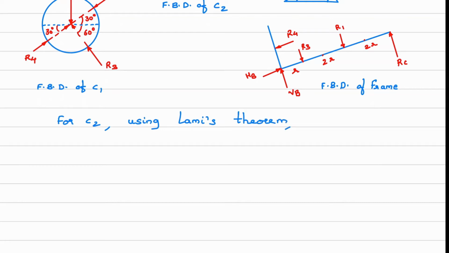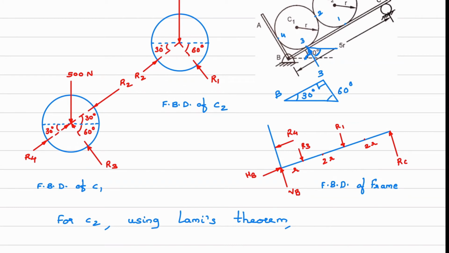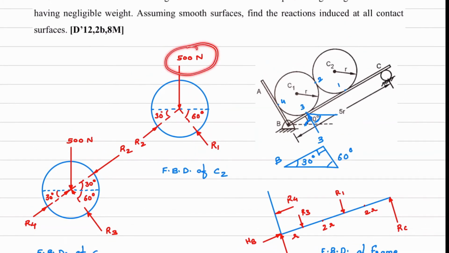What can I write now? The equation will be 500 divided by sine of, what is this angle? Total is 180, this is 30, this is 60, so this will be 90.